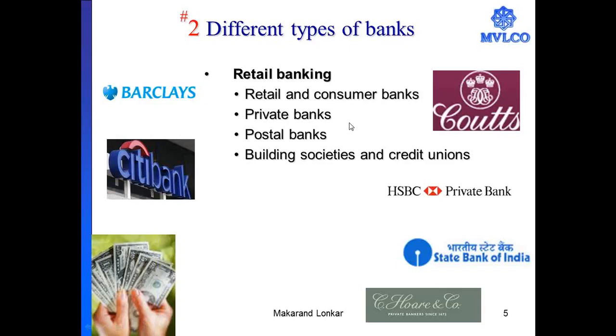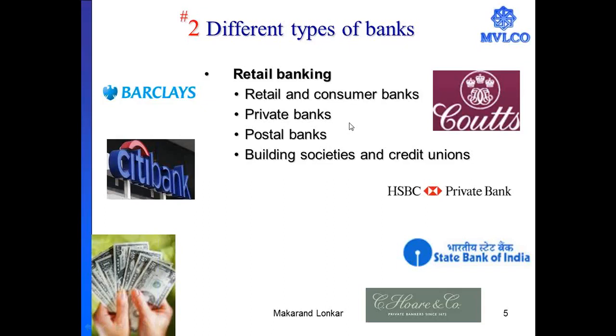Now let's discuss the first one, that is retail and consumer bank. Retail banks or consumer banks, you could also talk about savings companies, loan companies, thrifts, etc. These banks offer loans primarily to individual customers. The kind of loans they could have, examples could be a car loan, a home loan, maybe a personal loan.